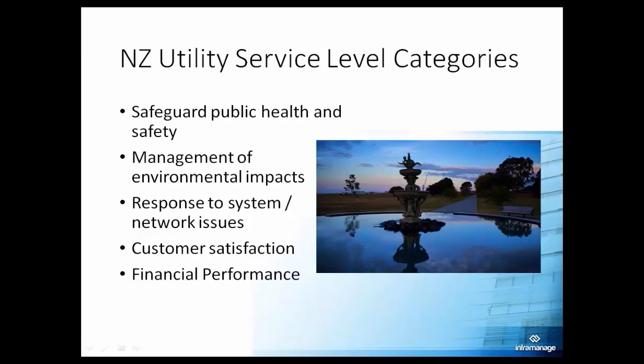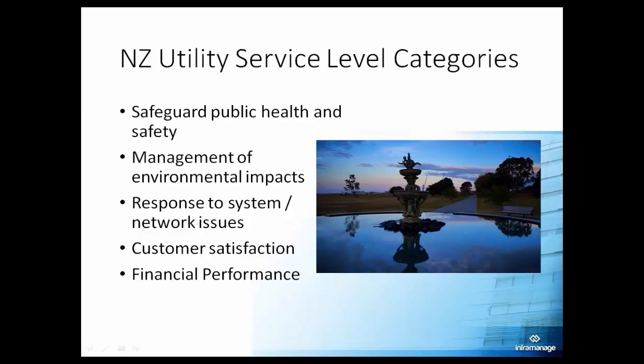So you've got the public health and safety ones, so that's the quality of your water, and the management of environmental impacts, so the discharge of contaminants, or with wastewater, the discharge of wastewater, where you'll have permits or impacts.